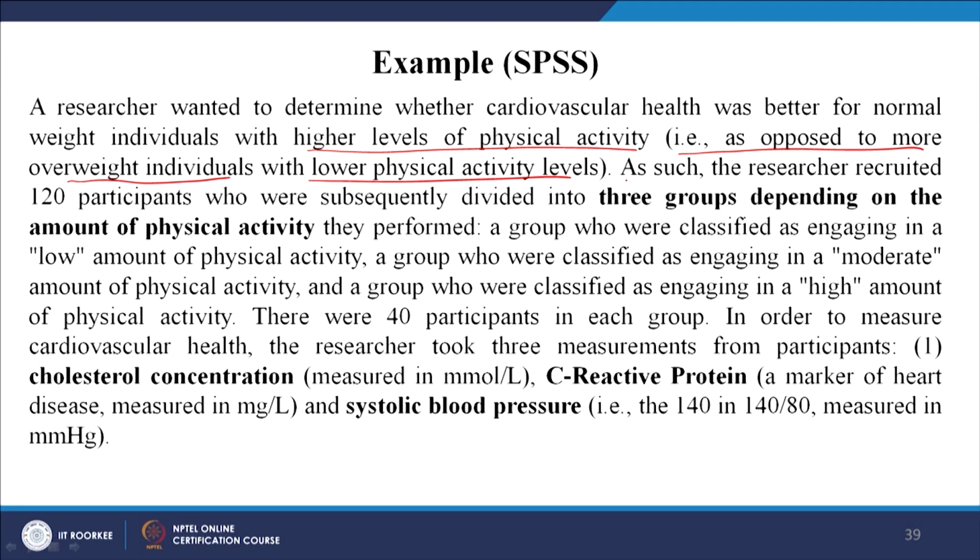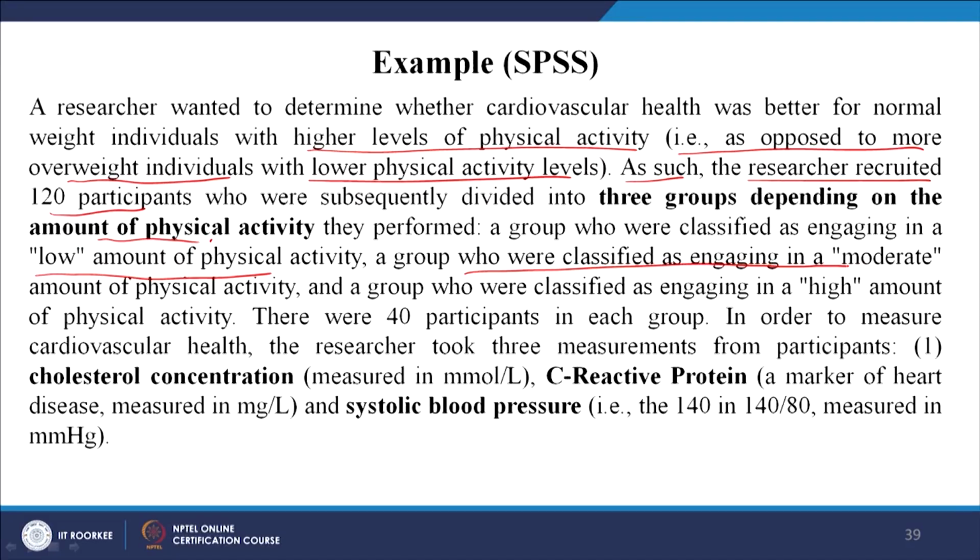The researcher recruited 120 participants who were subsequently divided into 3 groups depending on the amount of physical activity. Each group, let us say, was balanced: 40, 40, 40, right. A group classified as engaging in a low amount of physical activity, 40 people; a group classified as moderate, 40 people; and a high amount of physical activity, another 40 people. There were 40 participants in each group.